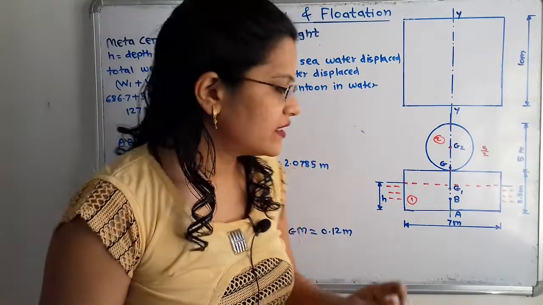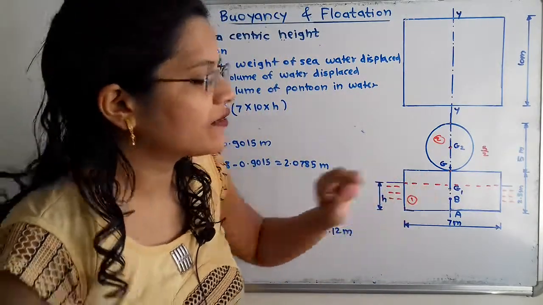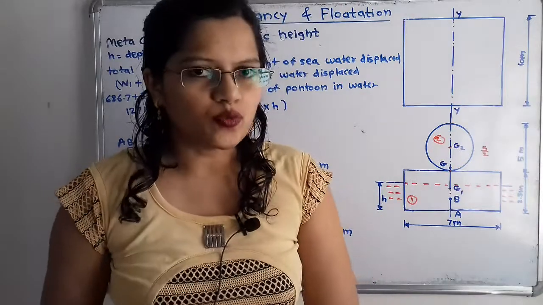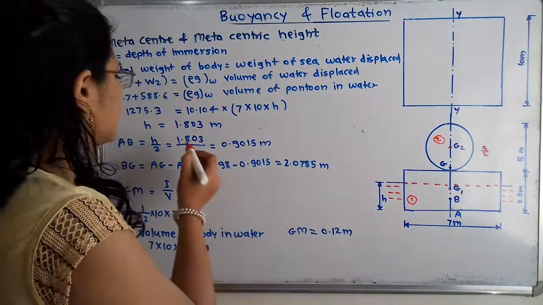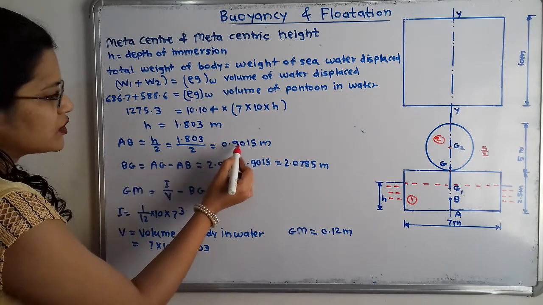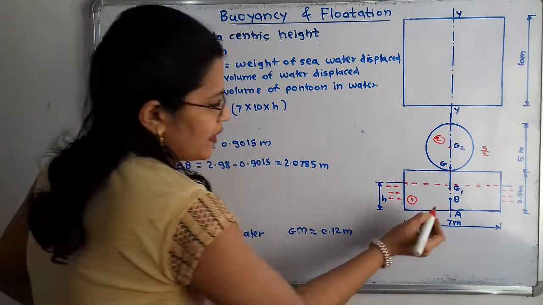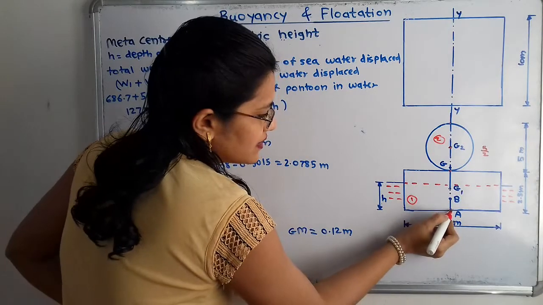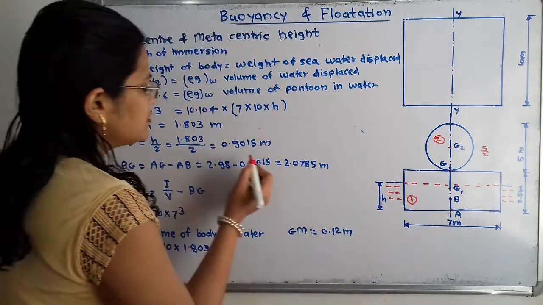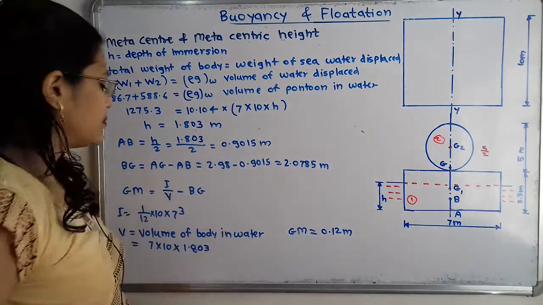When we get this value of h, we get the location of B, which is equal to h by 2. So h by 2 is 1.803 by 2, and that is equal to 0.9015. If we observe this diagram, that is the distance from the bottom point A, 0.9015 meter.